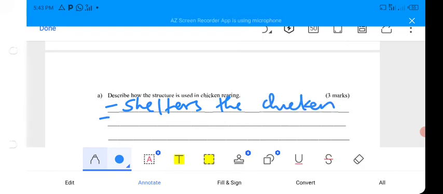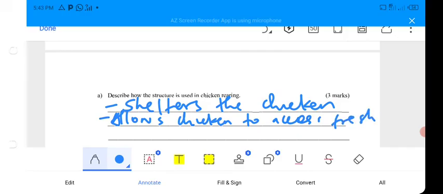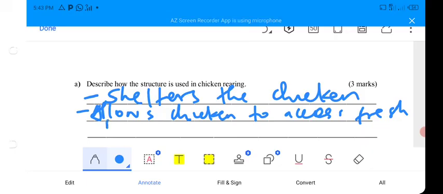Number 2, it allows chicken to access fresh pasture or grass.